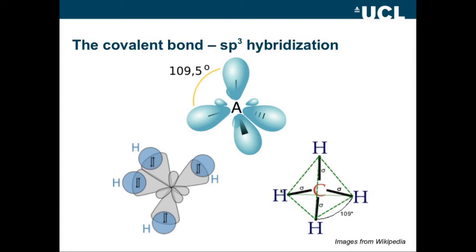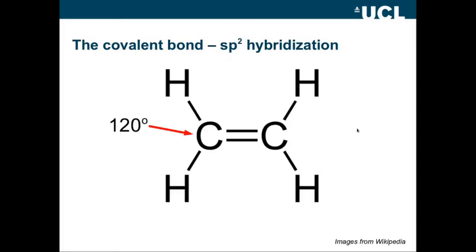So in the case of an sp3 hybridized carbon with equivalent atoms at all four vertices, the optimum angle is around 109.5 degrees. In the case of sp2 hybridization, where we've got a double bond, the optimum angle here is around about 120 degrees.